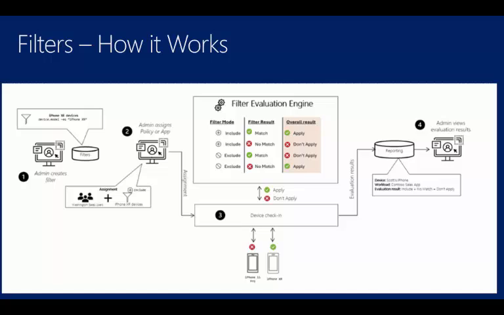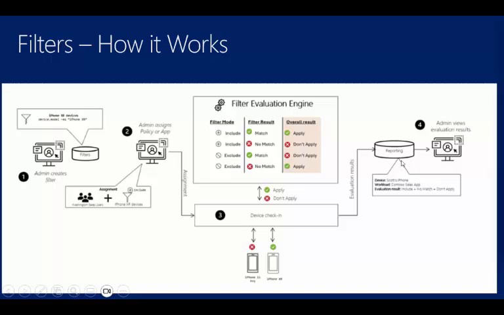And that filter, you're going to get to choose at that moment whether it's going to be an include or an exclude filter. And then after you get that done, the filter engine is going to evaluate what your intention for the filter is, and it will apply it to devices according to what the filter is.